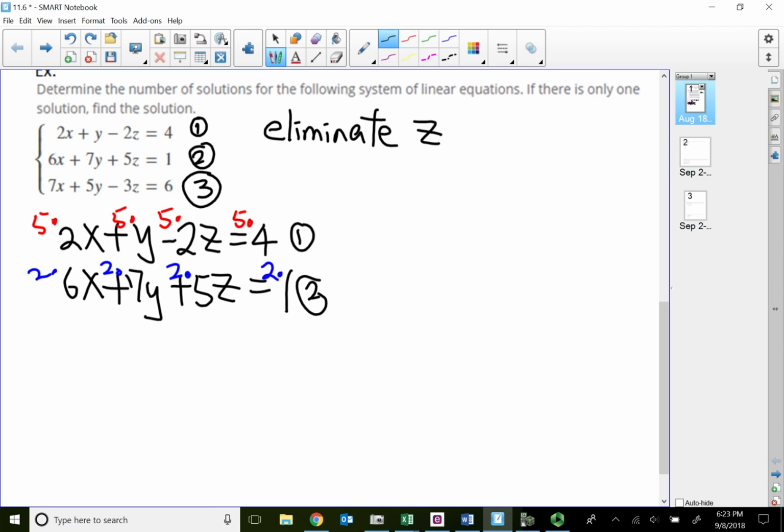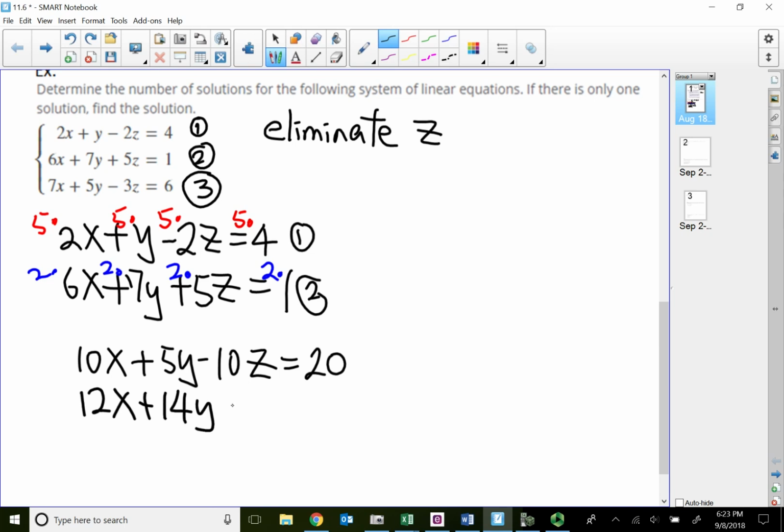First equation, every term times 5. That gave me 10x plus 5y minus 10z equal to 20. My second equation, every term times 2. That's 12x plus 14y plus 10z equal to 2 times 1 is 2.